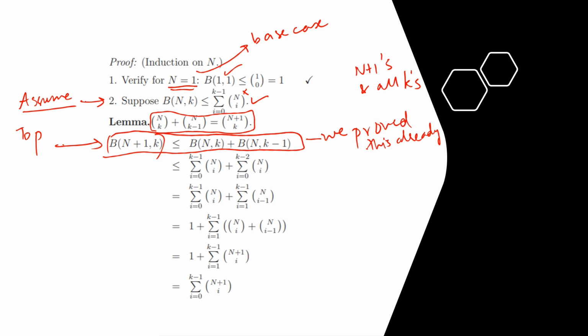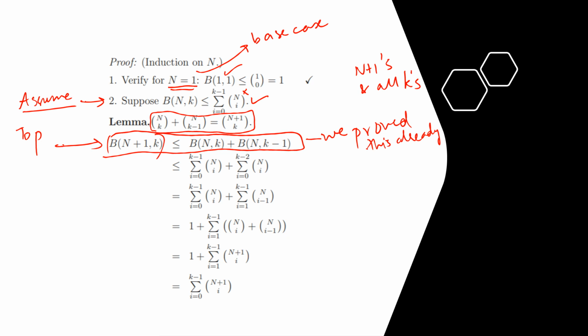So I'm saying this B(n plus 1, k) is less than or equal to, well, I shouldn't say choose here because it's the maximum number of dichotomies given some points and some subsets. So let's call this B(n plus 1, k), and the right-hand side is going to be B(n, k) plus B(n, k minus 1).